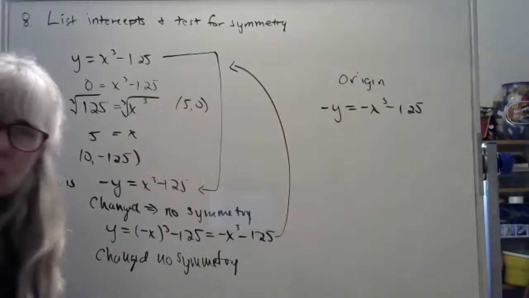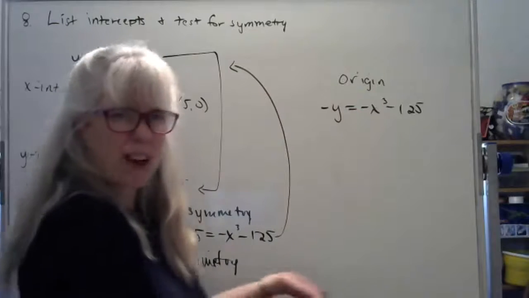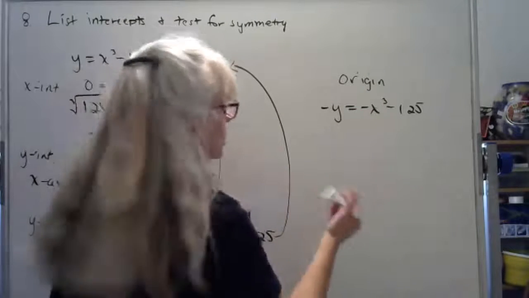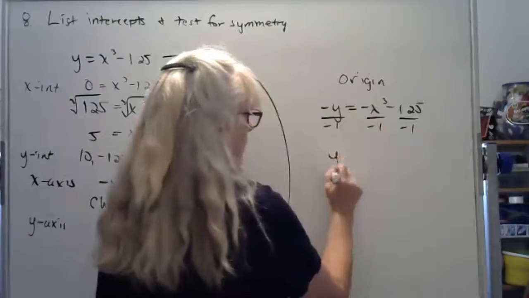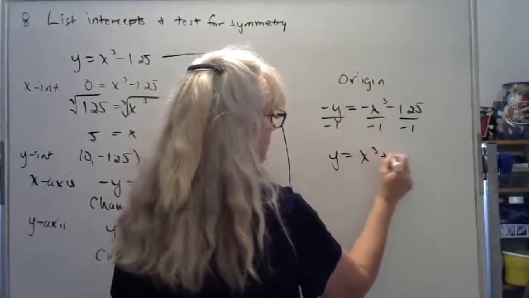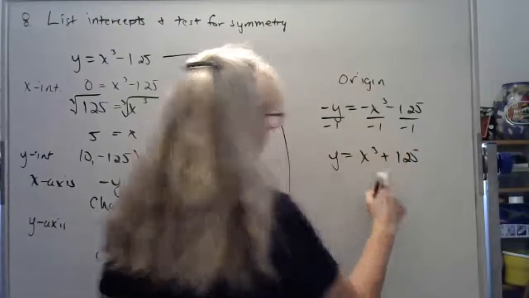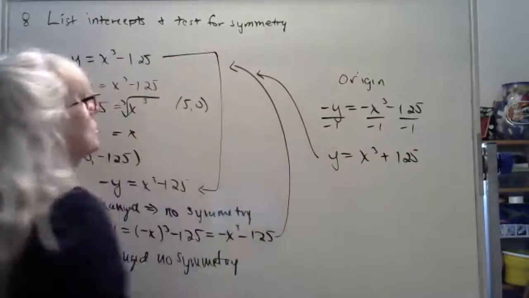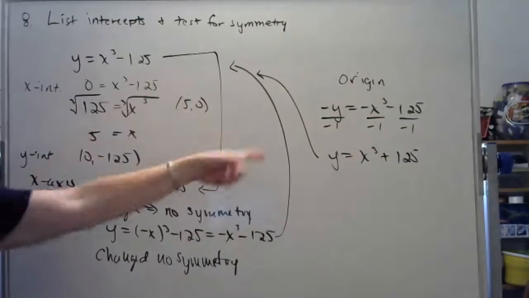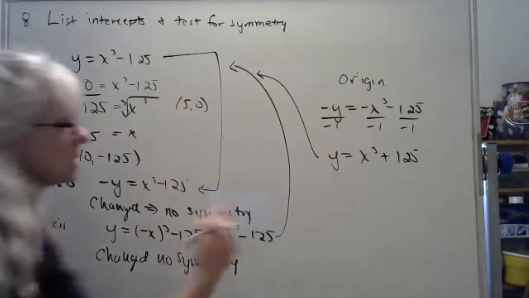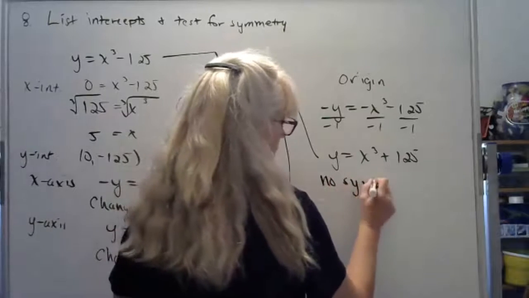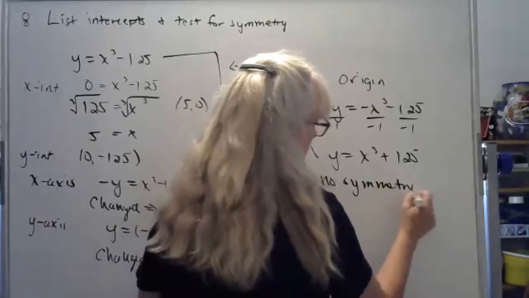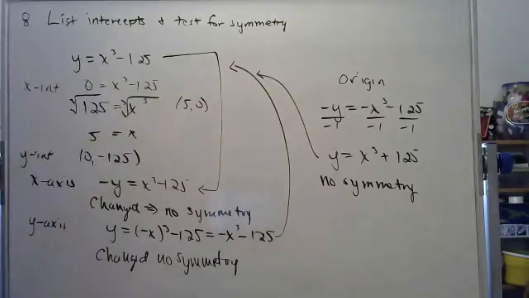And I'm always suspicious when I have negatives on both sides that I could divide them out and get back to my original. So I'm going to divide everything by negative 1. That'll give me y equals x cubed plus 125. And I'm closer to the original. The y and the x are the same, but the 125 has changed. So this particular problem has no symmetry. If we went to graph this, we could see that it would not fold over anything.